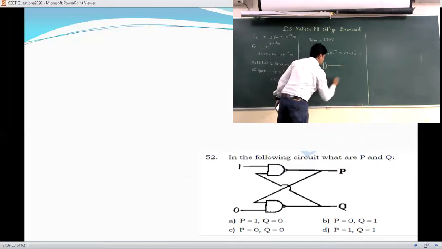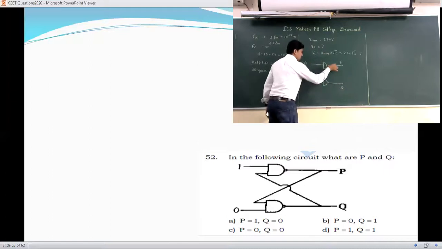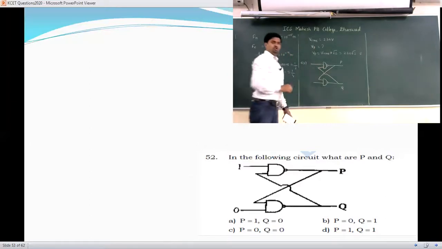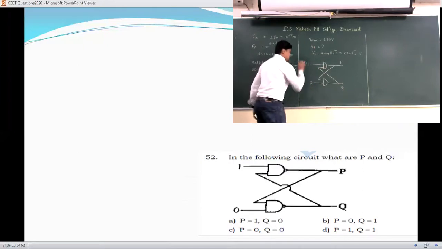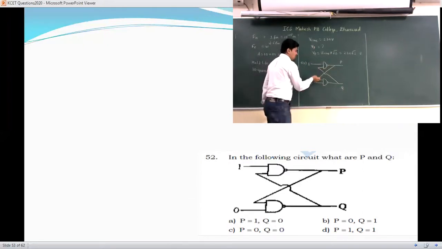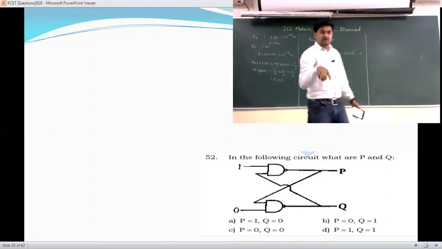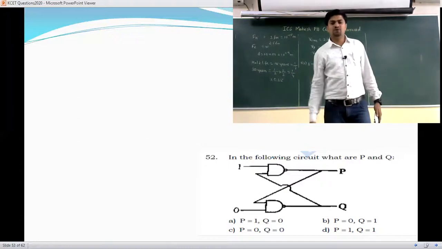This is the output, P and Q. This is P and this is Q. Here P is connected to this gate again, and Q is connected to this gate. Already one input has been given, that is 1 0. Here 1 is there, here 0 is there. The outputs have been shorted and are connected again to the inputs. Now they are asking you to find the value of the output.